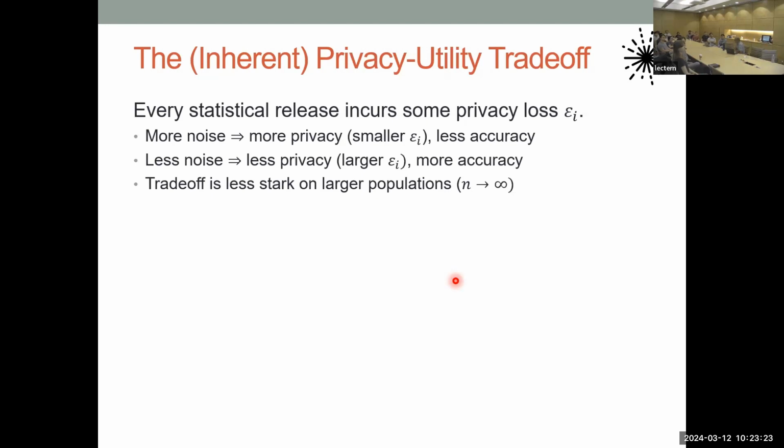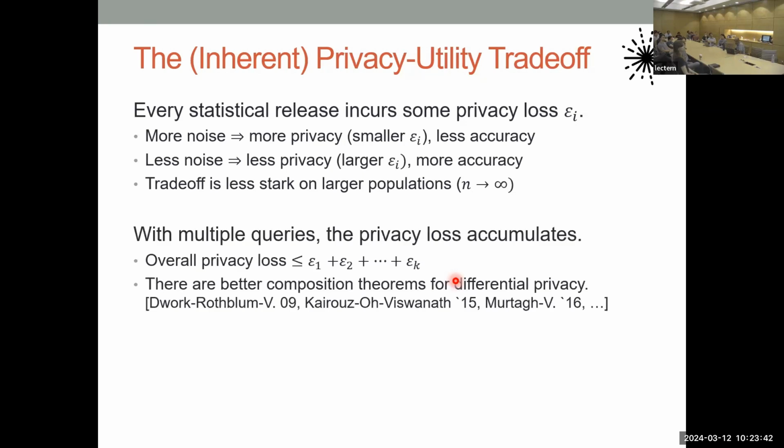The more noise you introduce, the higher the level of privacy protection you can provide, but you get less accurate statistics out. Conversely, the less noise you introduce, the weaker the privacy protection, but the more accurate the statistics. And as I said earlier, this trade-off becomes less stark as your population size grows. It does better than sampling error, for example.